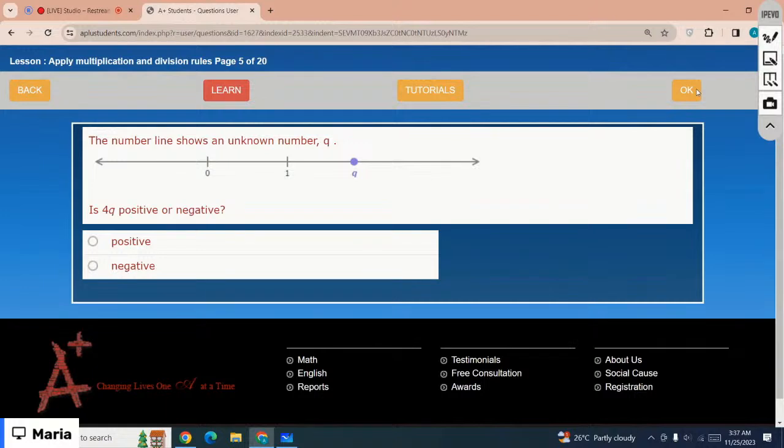The number line shows an unknown number q. Is 4q positive or negative? Which is the correct option? Yes, the correct option is 4q is positive.